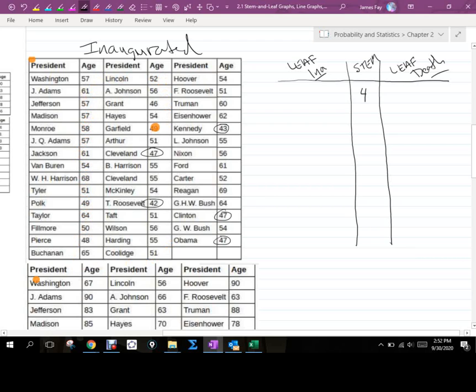Where did I miss it? Garfield. Man, I'm terrible at this. Right here. See any more? All right, so we got a 43. We've got a 42, so I should put that.